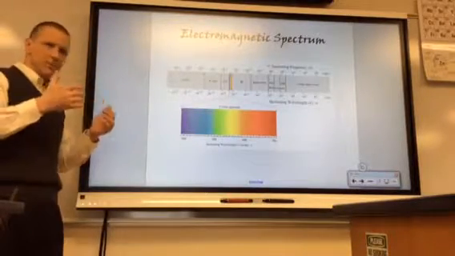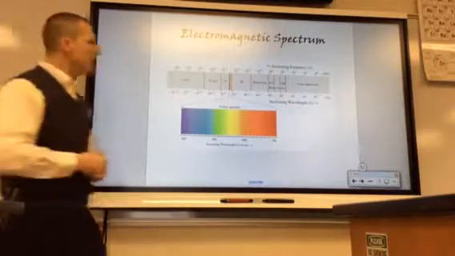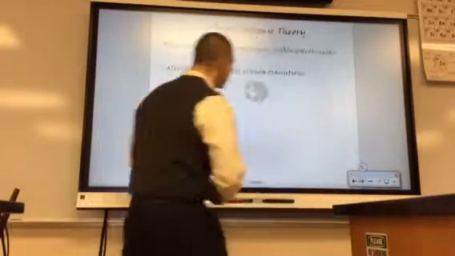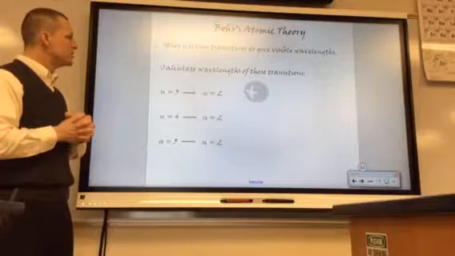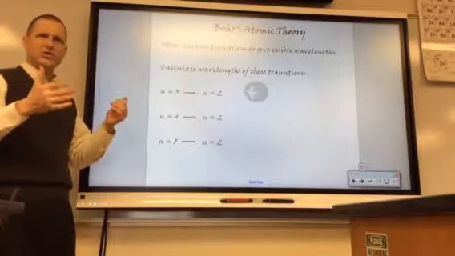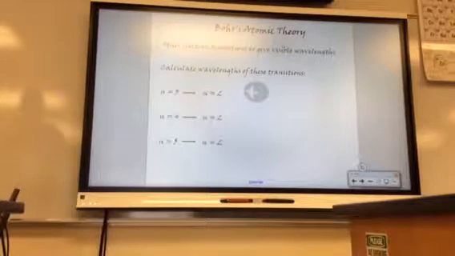Some jumps of hydrogen, the electron jumps, are visible. The thing that I'd like to do next is this. I'm going to ask you to calculate the wavelength for one electron jump. Can I have these 2 rows?